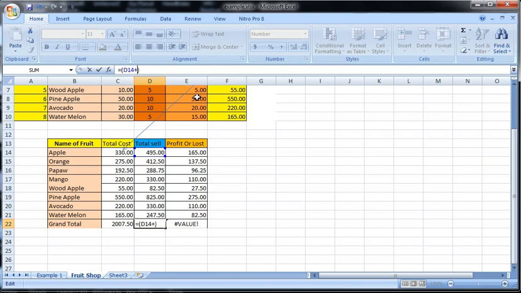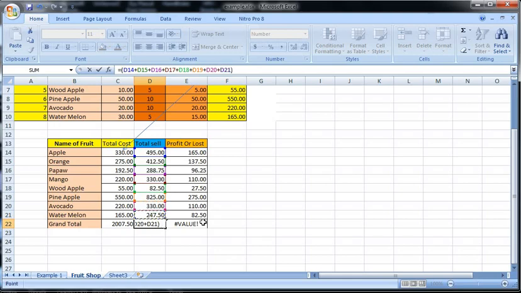D14 plus D15 plus D16 and so on. So it's going to be a little hard, but at the end of the day you will be able to get what you are thinking of using a formula.